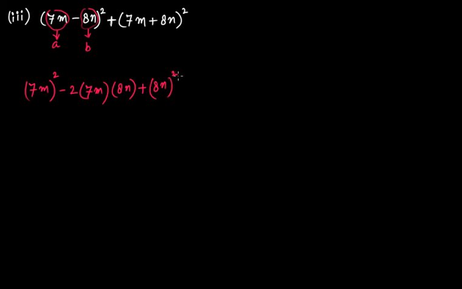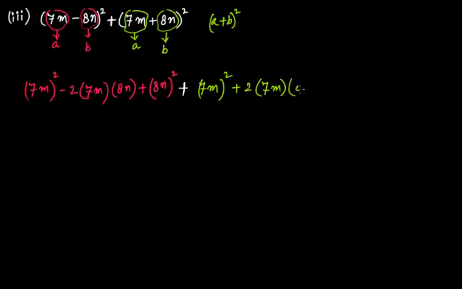Now for this plus sign, take this one as a and this one as b. So this is basically of the form (a plus b) whole squared. This becomes a squared, that is (7m) whole squared, plus 2ab, meaning 2 times 7m multiplied by 8n, plus b squared, meaning (8n) whole squared.